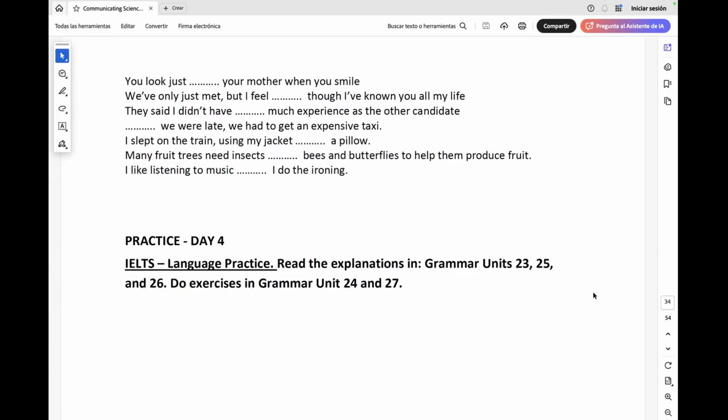Next one, we have only just met, but I feel as like though I have known you all my life, or like though I have known you all my life. We have only just met, but I feel as though I have known you all my life.